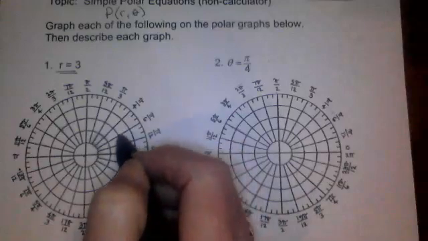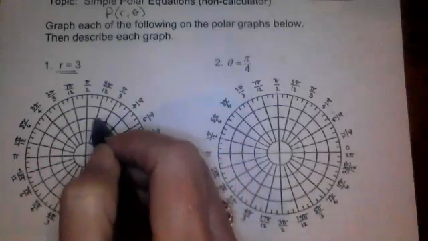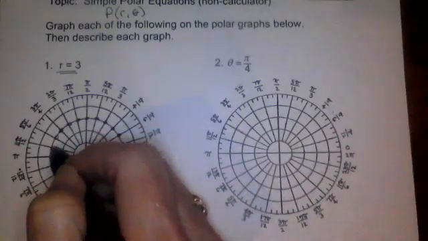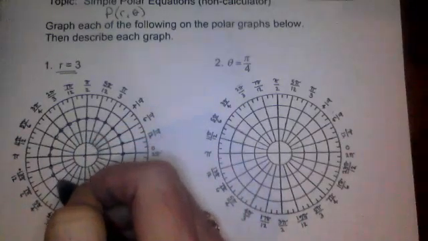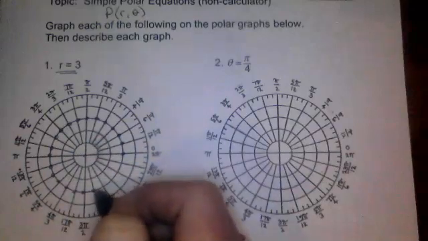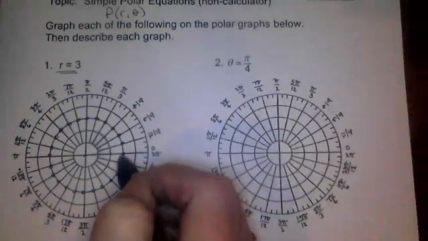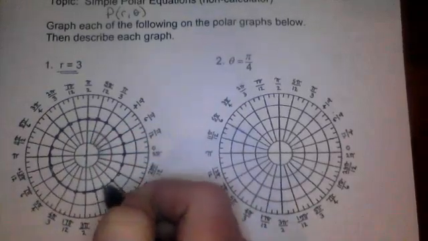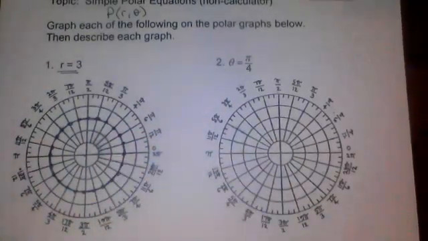We could go out 3 anywhere because it doesn't specify an angle, and if I go out 3 anywhere, I end up with a circle with a radius of 3. It is this complete circle around the polar grid. So if all I have is r, I just graph a circle with whatever radius they give me.